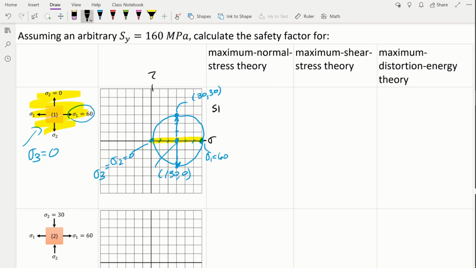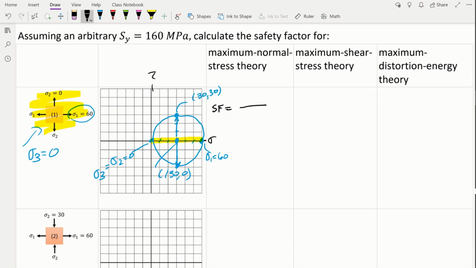So the safety factor based on the maximum normal stress theory says that if the maximum normal stress is equal to or greater than the ultimate tensile strength of the material, we're going to get failure.